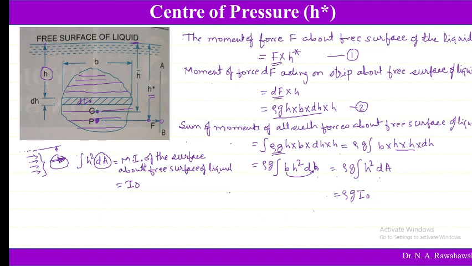The moment of all small forces about the free surface is obtained by equation number 3. The moment of the total force given by equation number 1 and the addition of the moments of all small forces about the free surface are going to be the same.